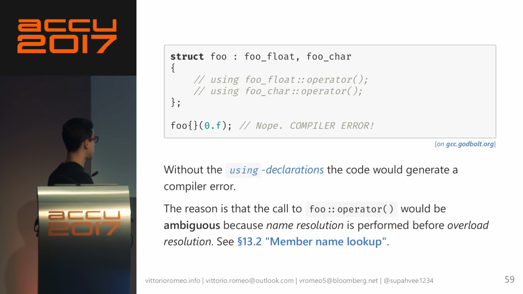And this is because name resolution is performed before overload resolution, so the compiler doesn't know that it needs to overload all the base classes' operator call. You need to bring all of them into the same scope by using the using declarations. And if you want to try it out, there is a link here. Also, this is the relevant part of the standard, which basically deals with this issue.